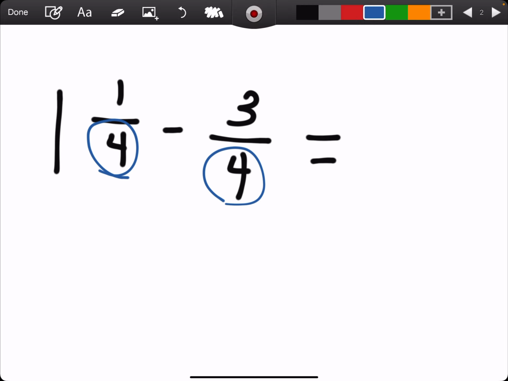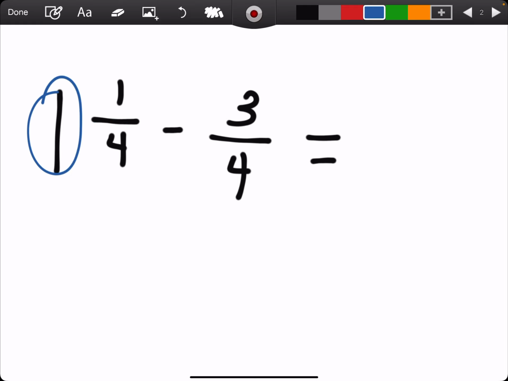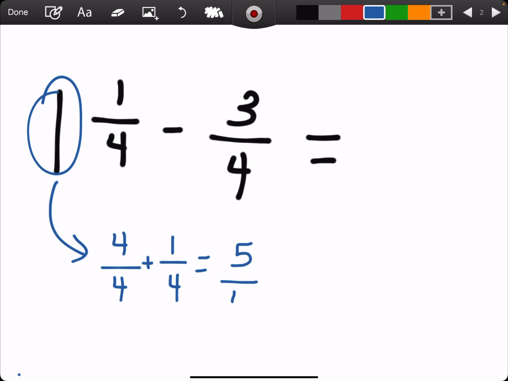So I am going to rename my 1 whole here. My 1 whole is going to be renamed 4/4. All right, so that's my 1 whole, and I had 1/4, so 4/4 plus that 1/4 together gives me 5/4.